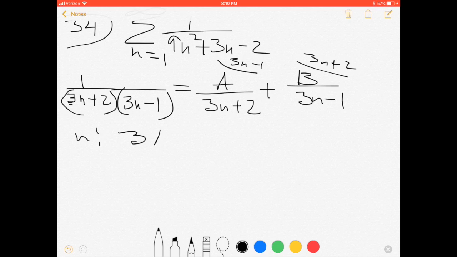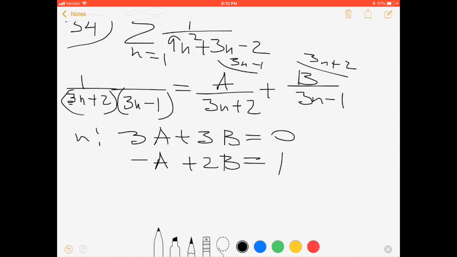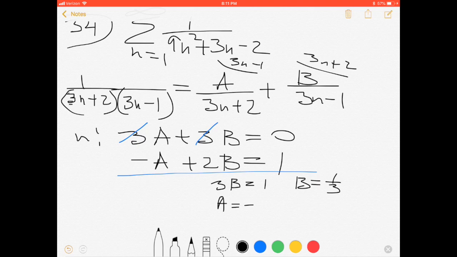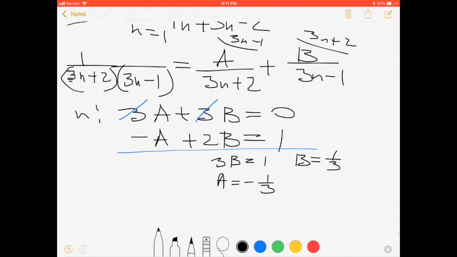The coefficient of n will be 3a plus 3b and equals 0, and minus a plus 2b will be 1. First you can easily cancel 3 and add this to the equation. You have no a, but you have 3b equal 1. This means b equals 1/3, and a equals negative 1/3.